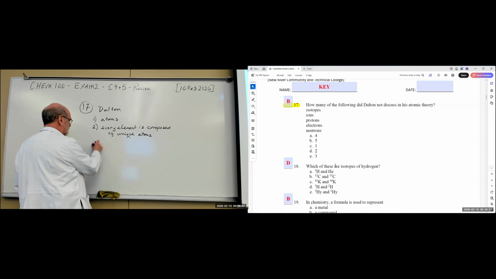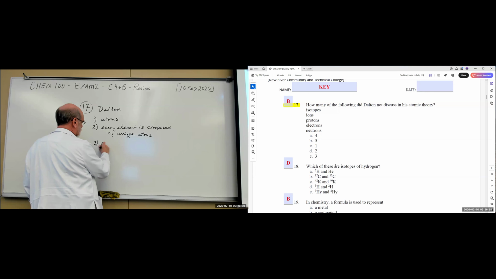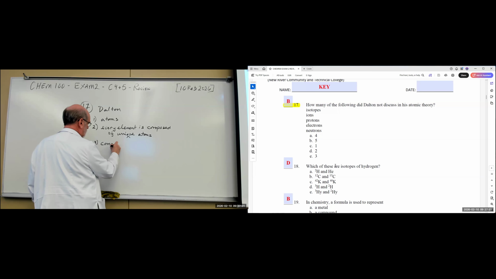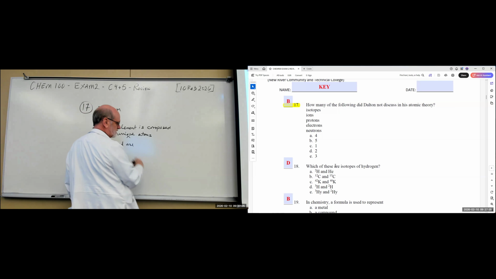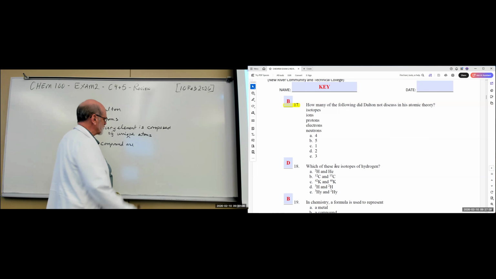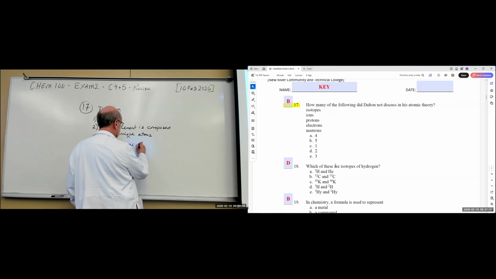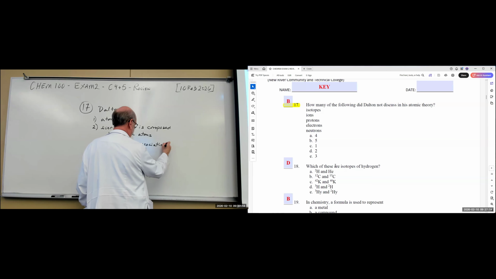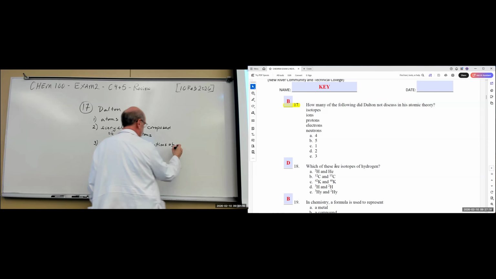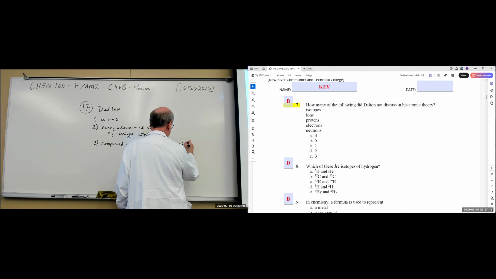He also said that compounds are, let's see, I'm not sure what words he used, let's just say associations of different elements.